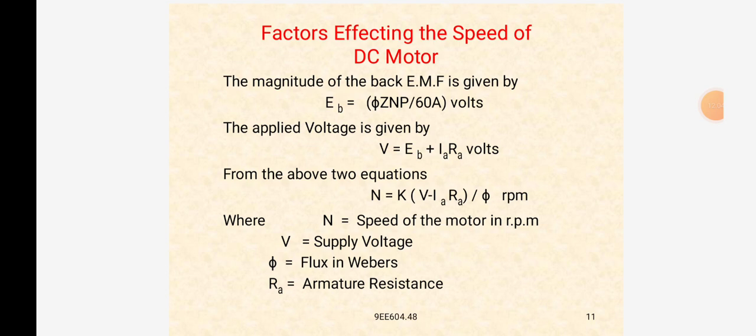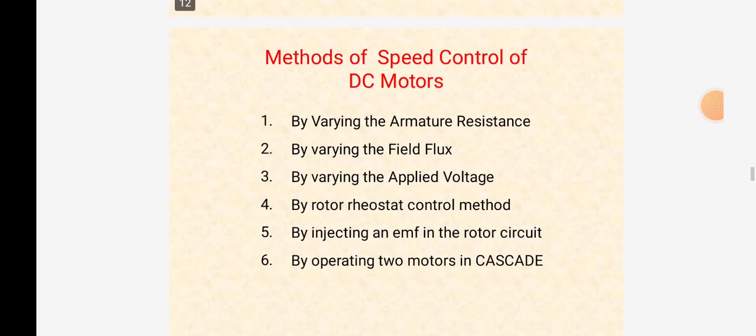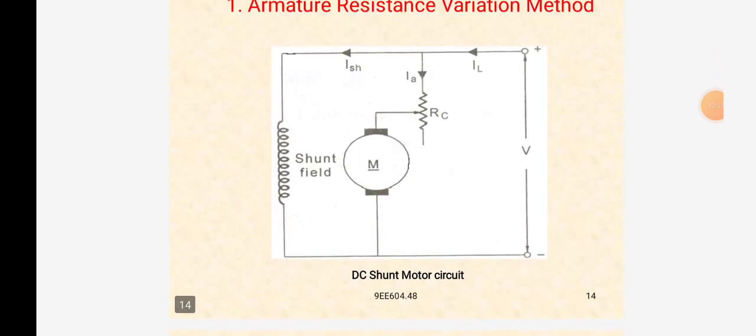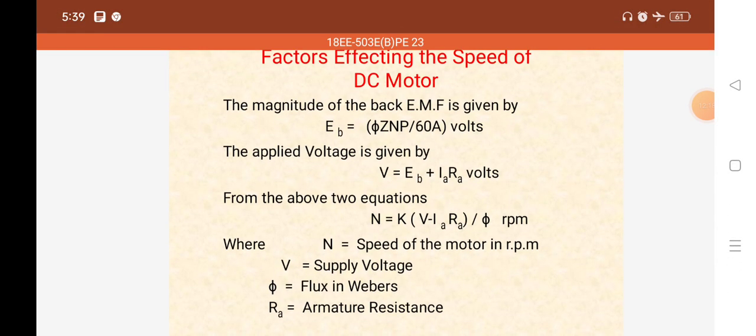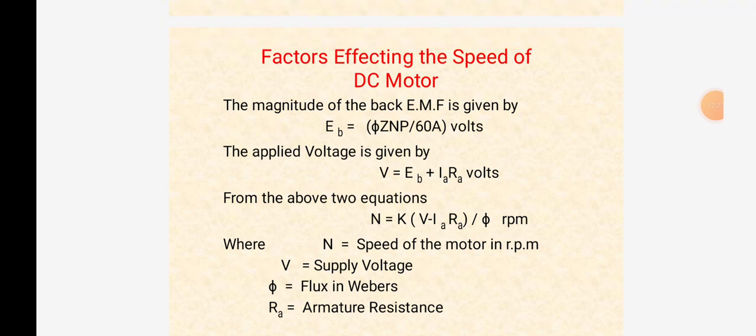So in this derivation, the speed equation of DC motor: when the supply is given to the motor armature, it continues to rotate due to motor action.